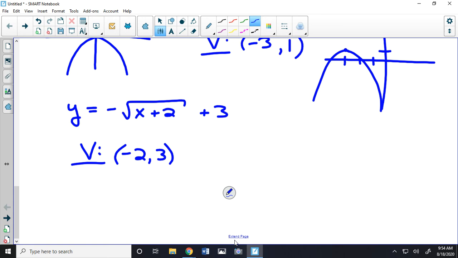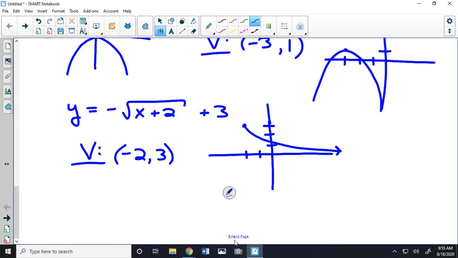And so we've got the vertex right there. And then when you have a negative square root graph, instead of graphing the top half of a sideways parabola, you actually graph the bottom half. And that's what our graph is going to look like.